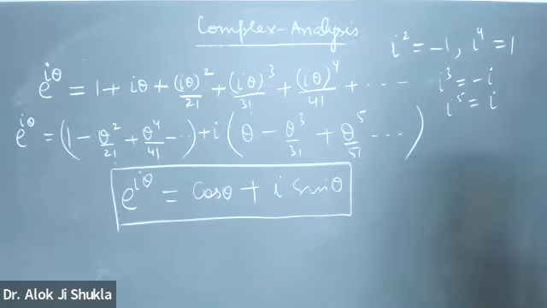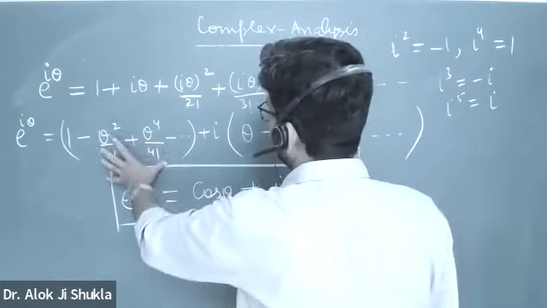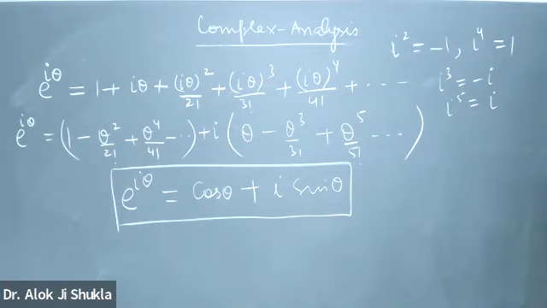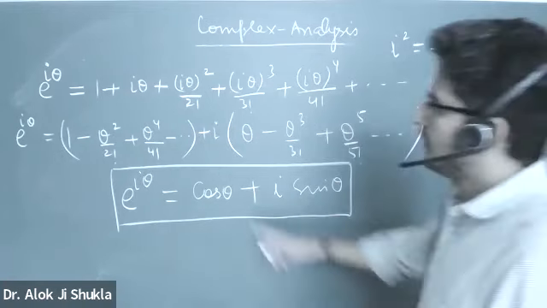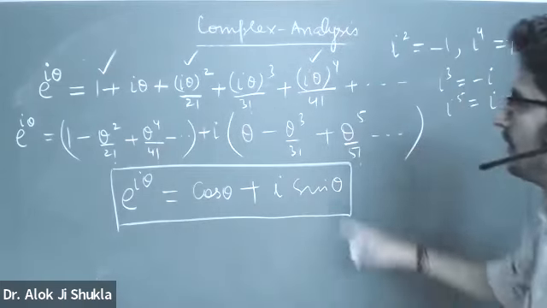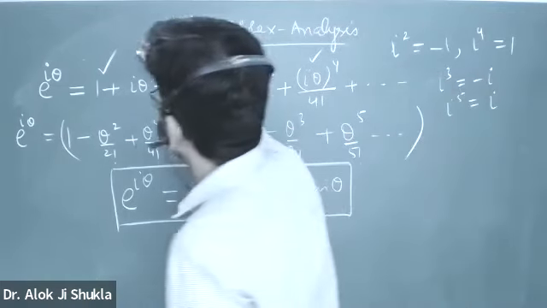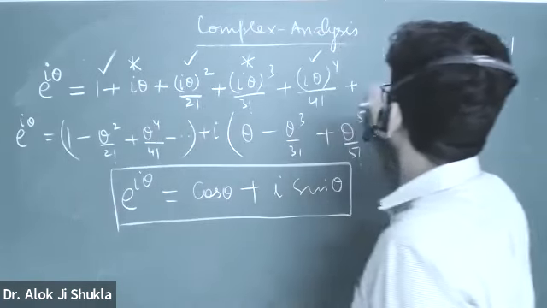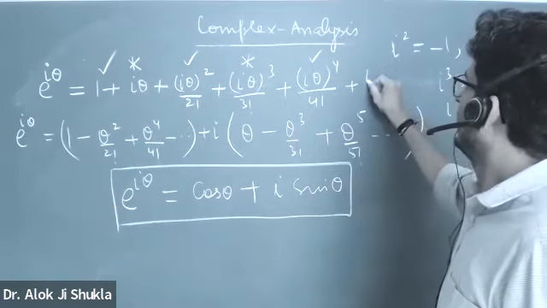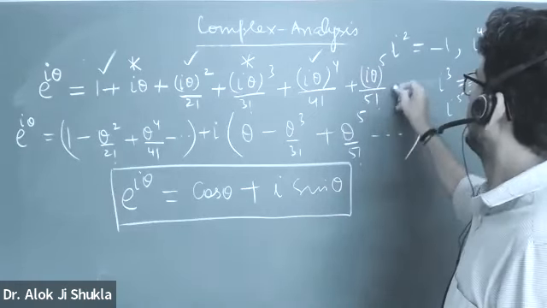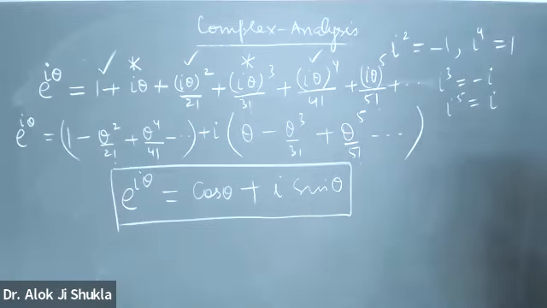So all the real quantities you write here, take iota common and again write all the real quantities. So what will come to the first bracket is this, this, and this. And what will come to the second bracket is this one and this one, and here theta to the power 5 by 5 factorial plus dash dash dash.